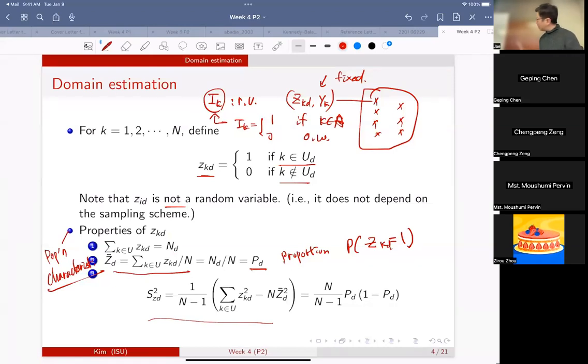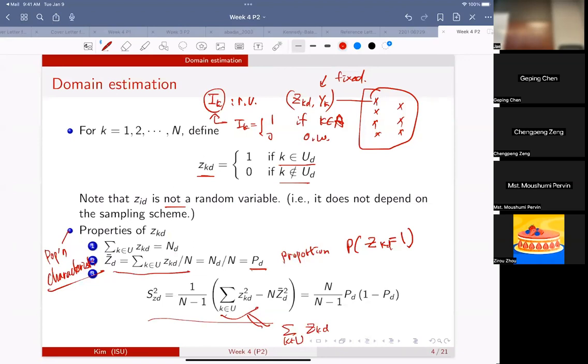And then this is just a notation. So we compute S² at the population level, which is this one. And then you can realize that z_k is either 1 or 0. So z_k² is actually equal to z_k, because it's 0 and 1, if you square it, it's the same. So squaring it or just z_k makes no difference.